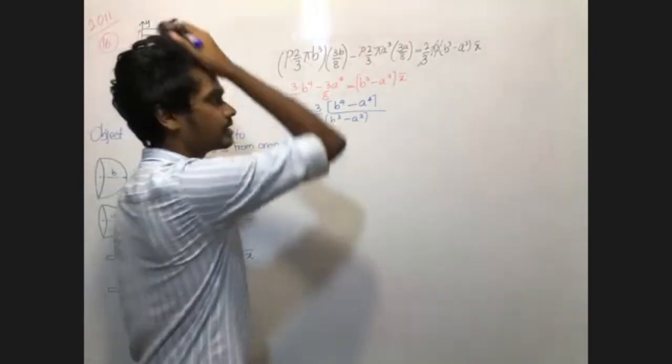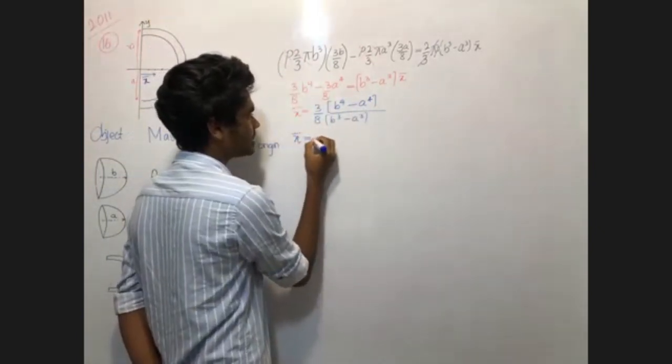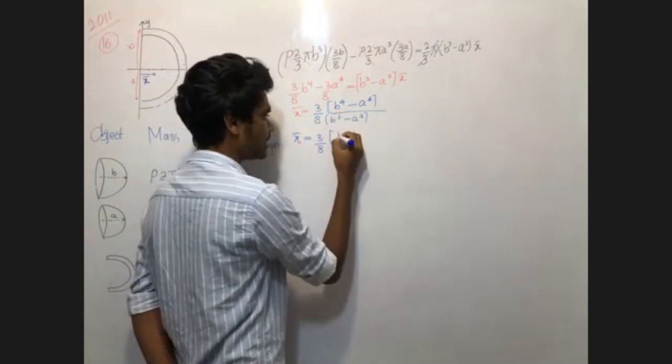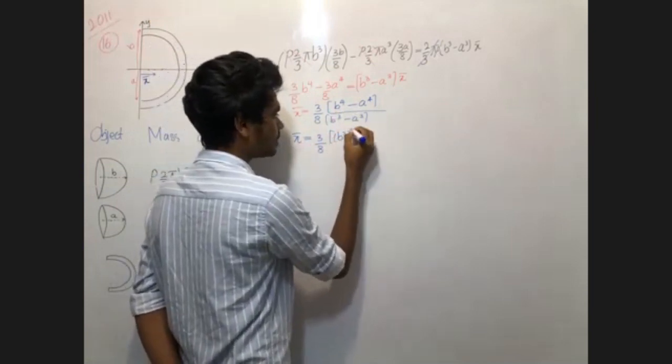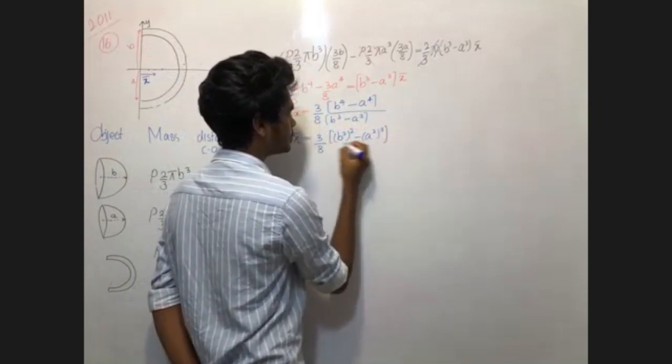Okay. Right. So how can you expand this? So now it's simplification, right? I'm going to expand this: B squared to the power 2 minus A squared to the power 2.